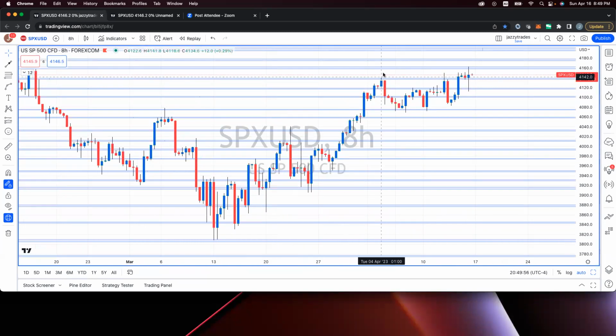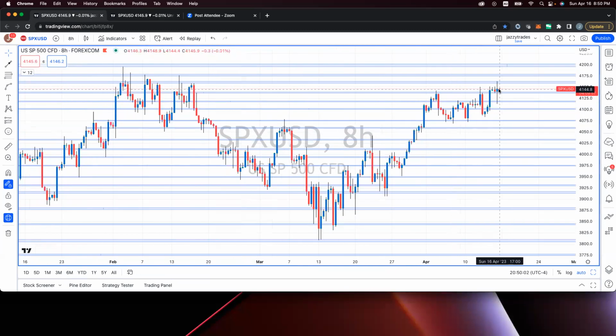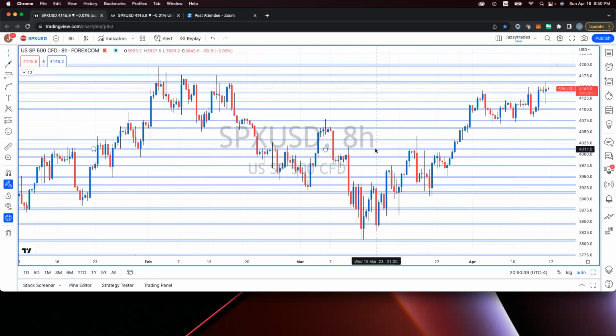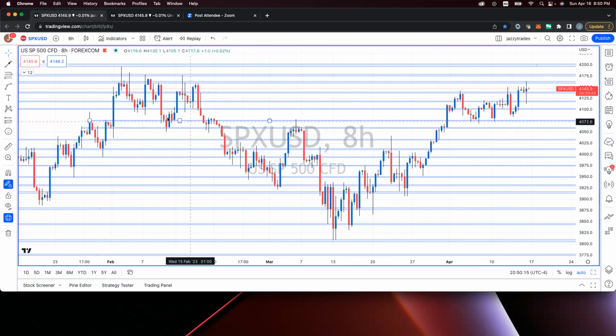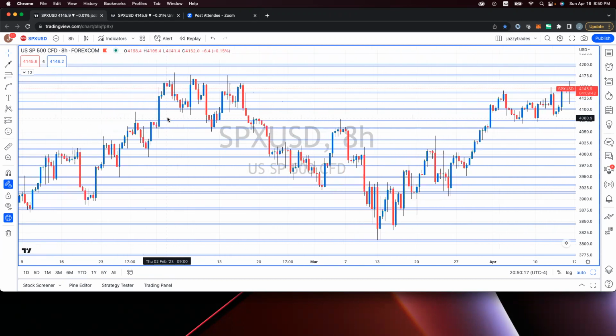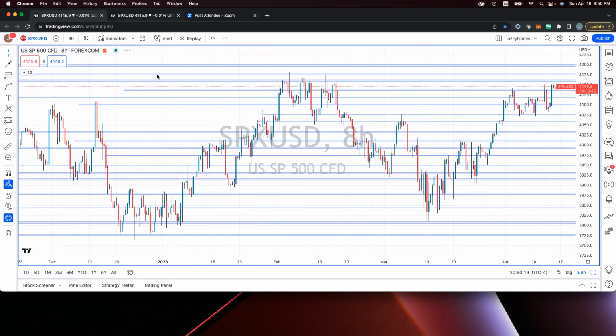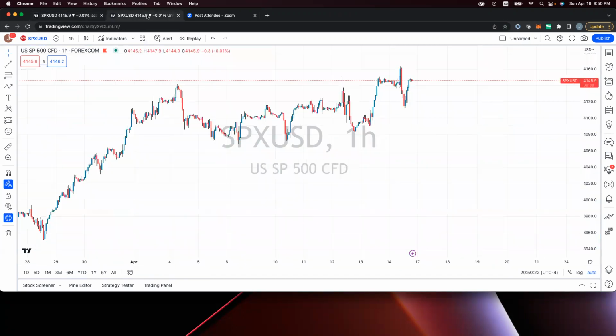Is this 4160? No. And that's 13. So basically, it was a high probability that I'd reject from it. People take puts off that, but because I was bullish, I wasn't able to take puts. Now let's look for another zone, or let's just draw new ones.